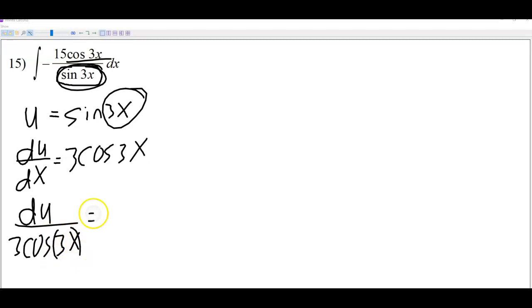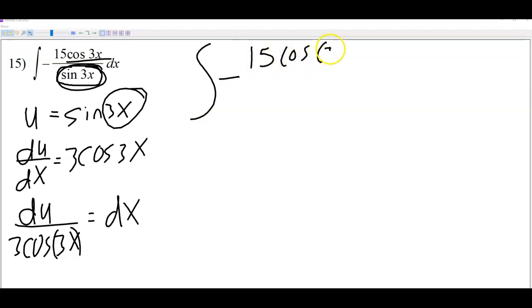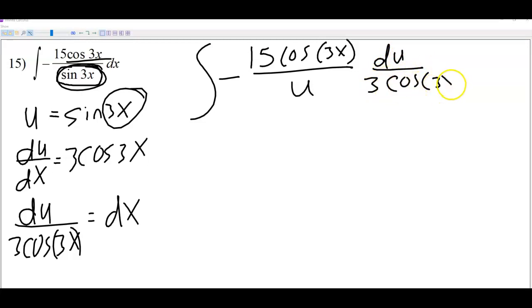And then doing our u sub, we have negative 15 cosine of 3x over u, and we'll replace the dx with du over 3 cosine of 3x. So these guys go away. 3 goes into 15 5 times.